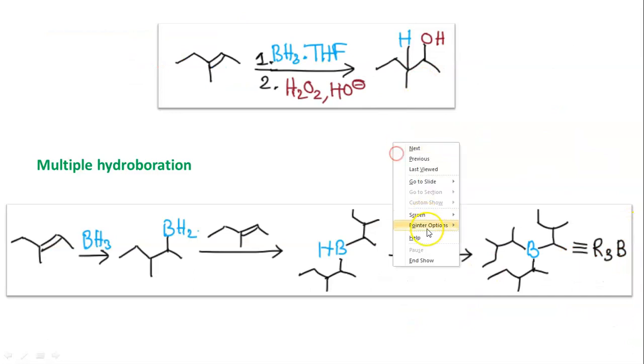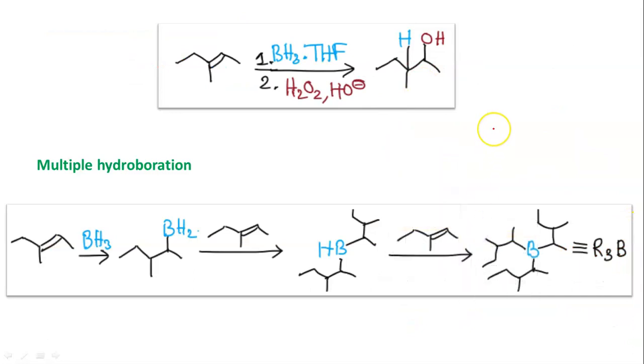So next we will go to the mechanism, but before that, as we have said, this is anti-Markovnikov. That means the negative part will be attached to that carbon which contains the higher number of hydrogens. HO minus will be attached to the carbon with more hydrogens. So here in this alkene, if you see, this is not a symmetric alkene.